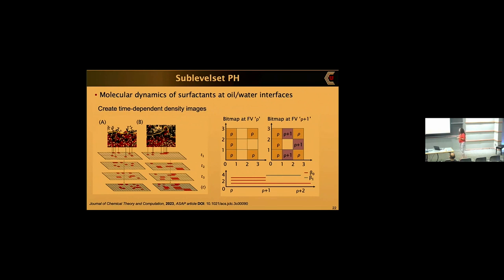And so we created time-dependent density images, where we projected the density of the surfactant onto a plane, converted that into a bitmap representation, and then encoded that bitmap as a heterogeneity barcode, if you will, of the adsorbates on the surface.